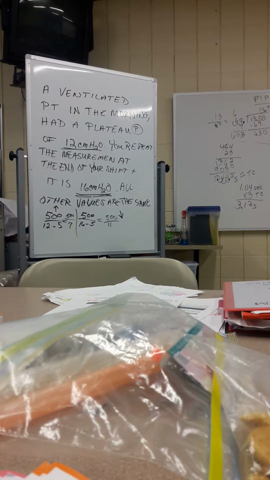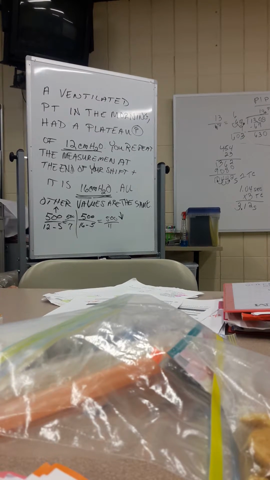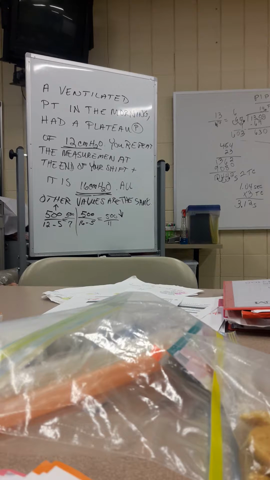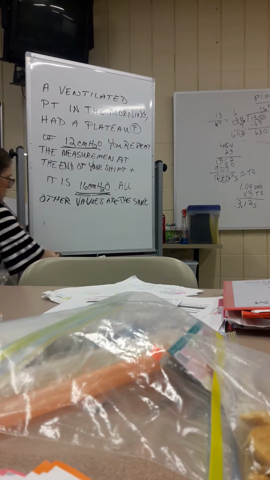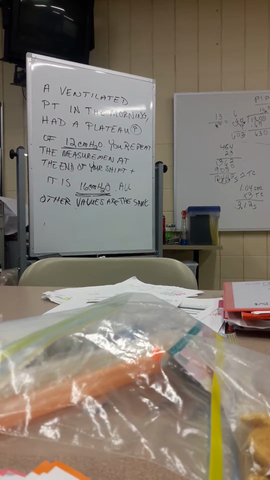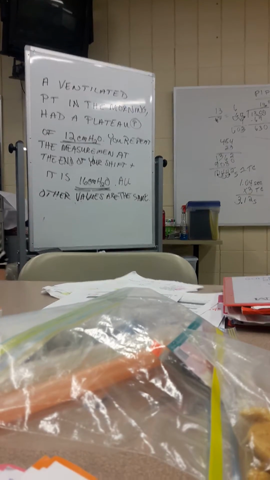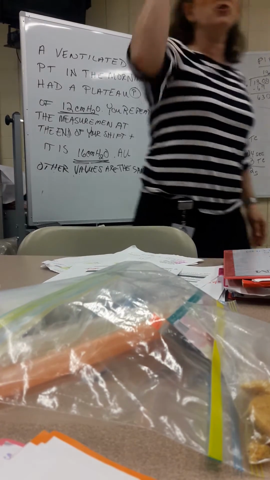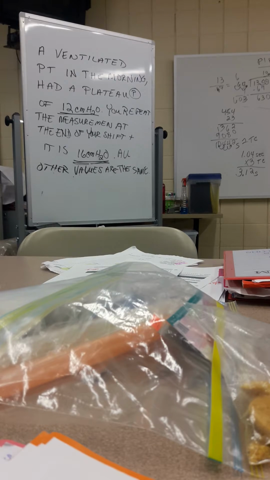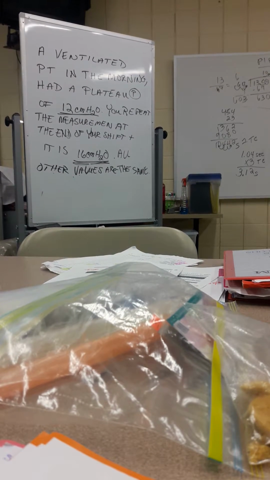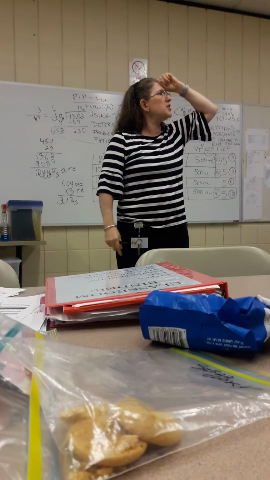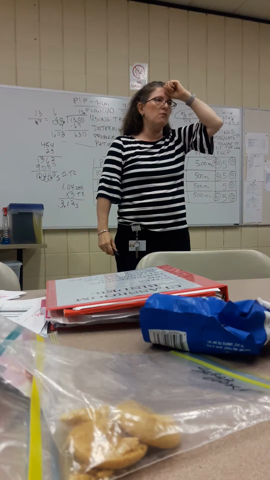What if I changed this and I said, what's happening to airway resistance? So instead of doing compliance, I want to look at airway resistance. If that was the problem, what's happening with airway resistance? Well, I go back and I think about my calculation. Write it on your test. What are my formulas for this? Okay, PIP minus plateau divided by flow.